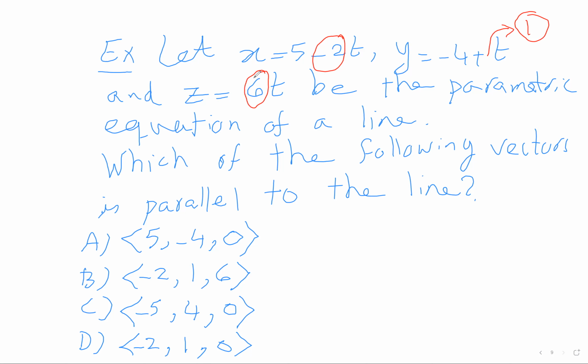By the way, in the third one, obviously, this is going to be 0 plus 6t, but we didn't need to write down 0. So the vector consisting of minus 2, 1, 6, or B is the correct answer. This is the vector that gives us the direction of this line.